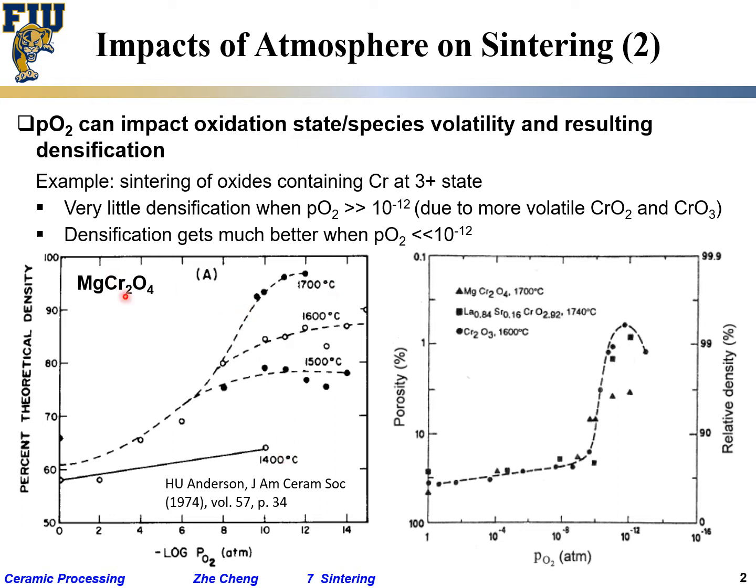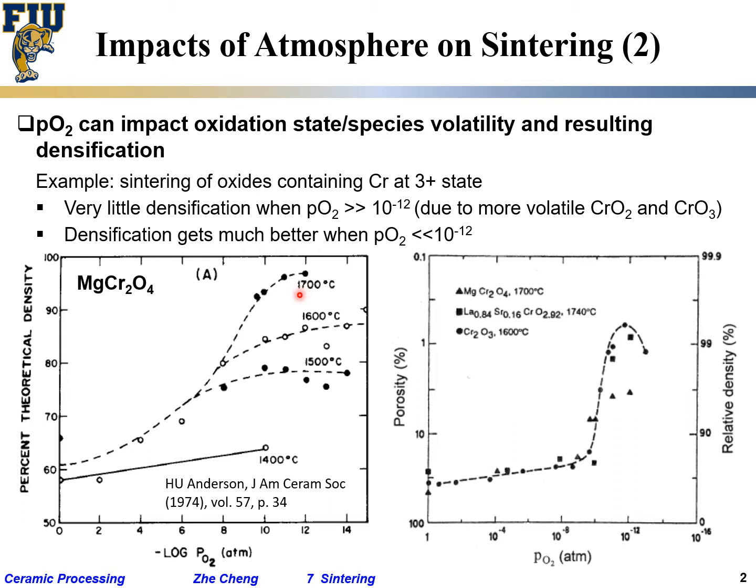For this material, if they are doing sintering close to air, they end up with a not as high density, not much higher than your green density. But on the other hand, when you start using, let's say, hydrogen or carbon monoxide, something to reduce the oxygen content in your atmosphere, lower and lower, and combine that with higher and higher temperature, you can reach a density that is higher and higher.